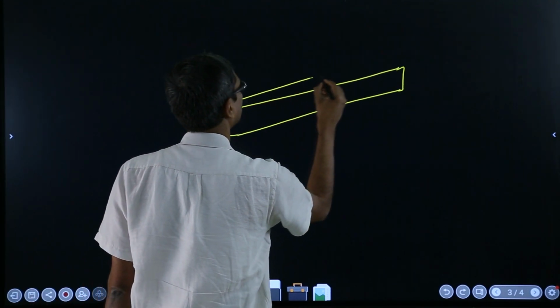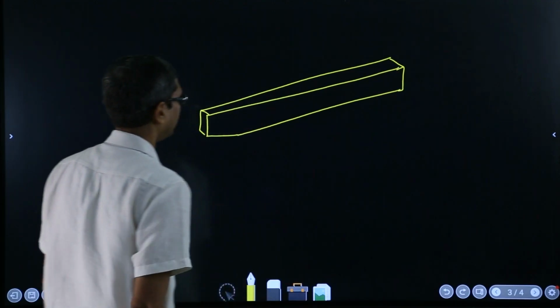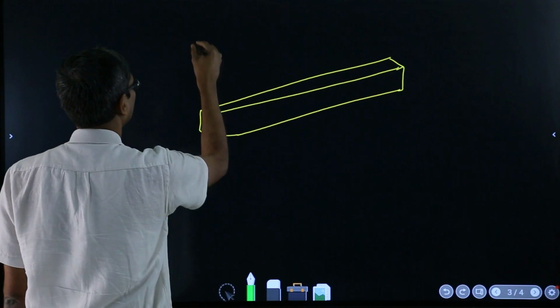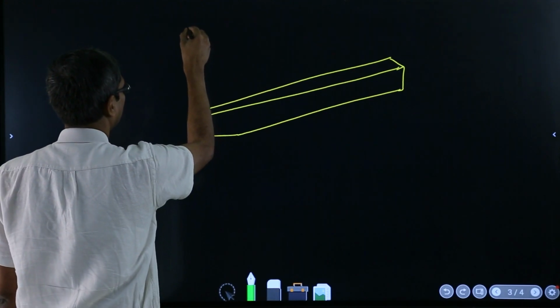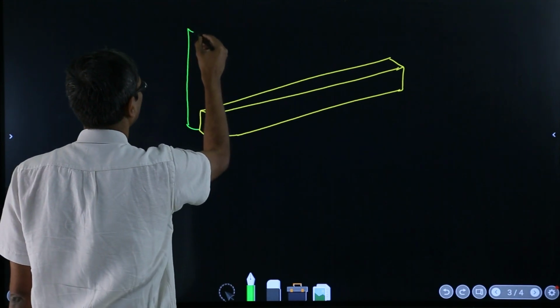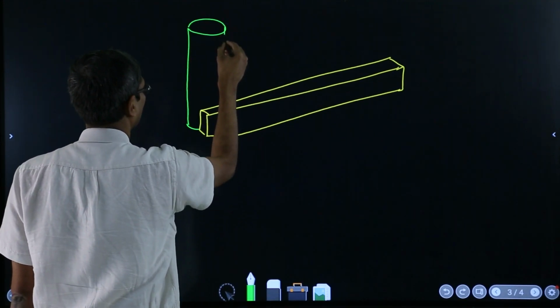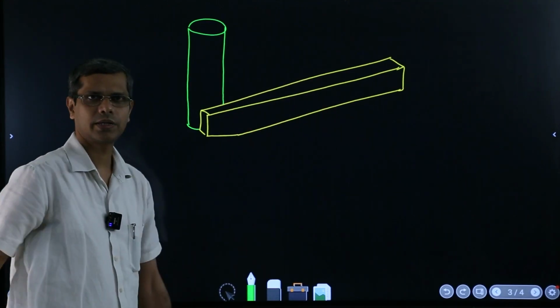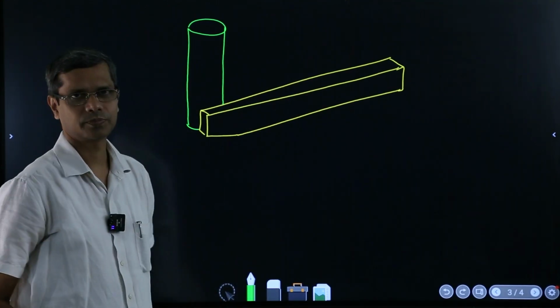Then I take a cylinder, and I will try to wrap this wedge about this cylinder.